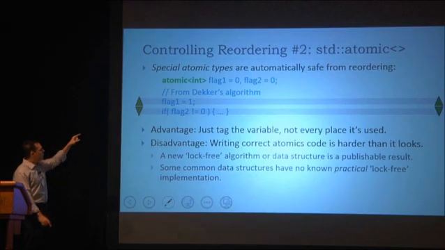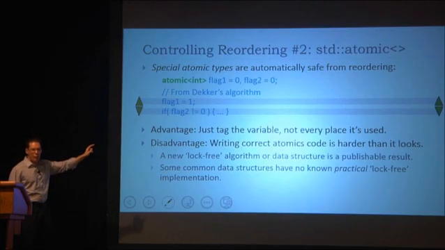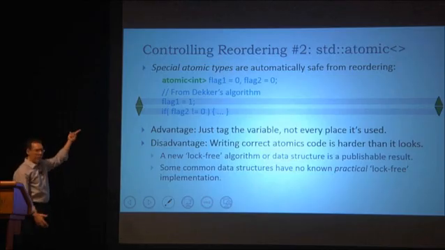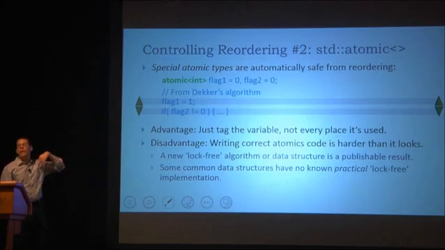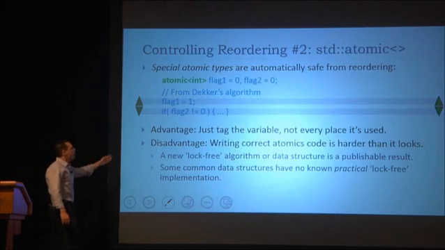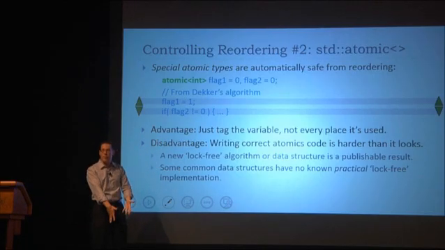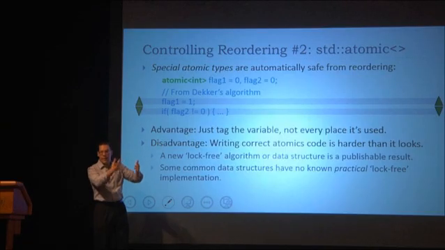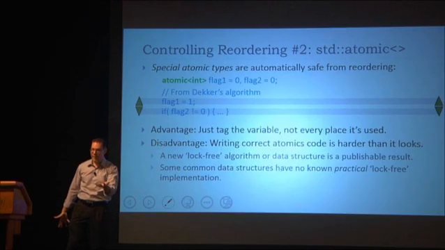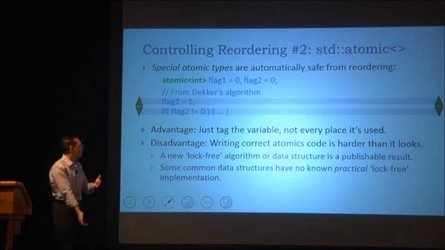Even though it was a store followed by a load, remember pure acquire release would have allowed you to reorder this, but sequentially consistent acquire release turns off that one reordering also. And Dekker's algorithm will work if you make the flag variables be atomics. The nice part about this is you can just tag the variable once, not every place it's used. So you just say the variable is atomic, and then every place you use it, your program just runs in the order that the source code appears to say.